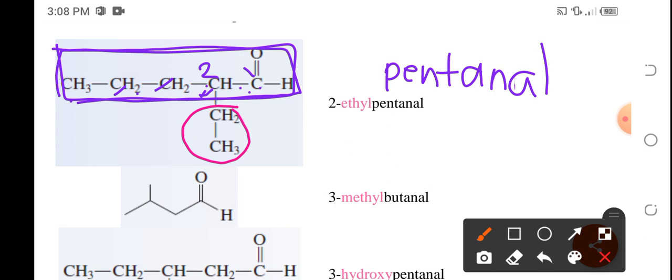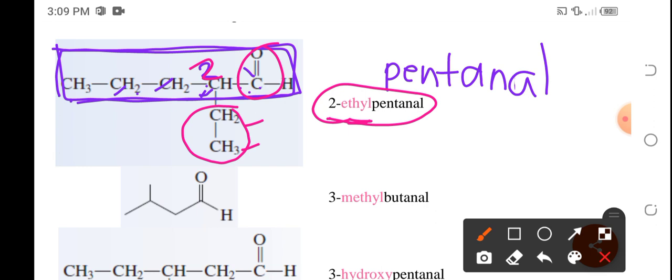And eventually, it has 2 carbon atoms, so that is ethyl, and it is positioned at carbon 2 of that pentanal. So, the name is 2-ethyl pentanal. Okay? We are not going to put any number before pentanal because it's a rule that the carbonyl carbon is always at carbon number 1.